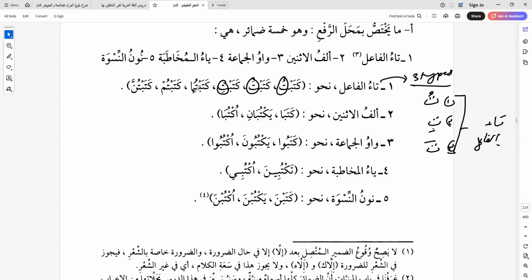Now, we don't consider the ma and the noon here. This noon is noon al-niswa. But you see the ta right there. This meem is also meem al-mudhakkar. Right? It's like antum, antunna. So ta.